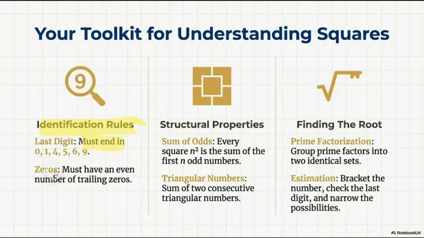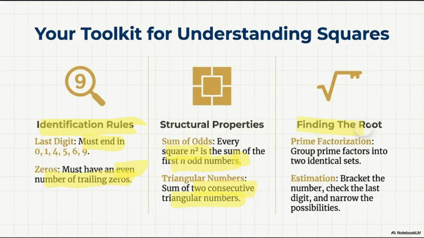If it has zeros, it must have an even number of trailing zeros. Then what were its structural properties? Every square is the sum of first n odd numbers, or we can say that the sum of two consecutive triangular numbers gives a square number.